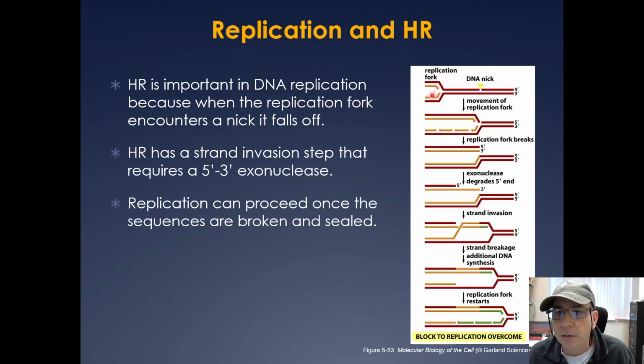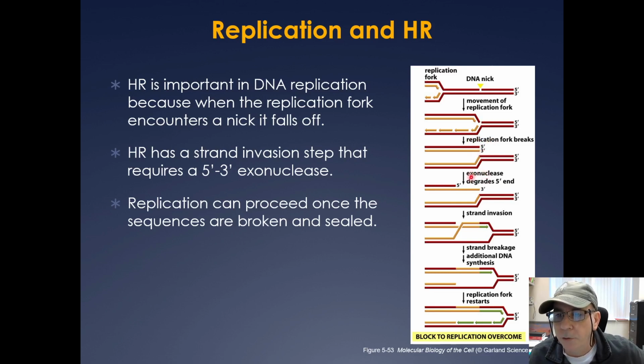As the polymerase is moving down and creating the replication fork, if it comes across a DNA nick, it's going to basically break and the fork breaks. Then you're left with what looks like a double strand break, which is sort of catastrophic for a cell and needs to be repaired.